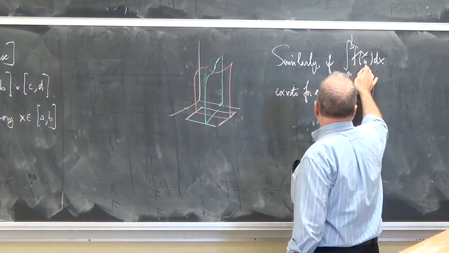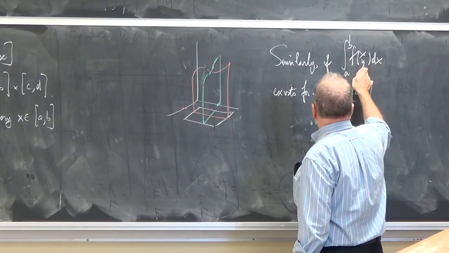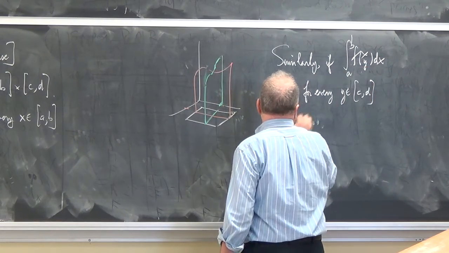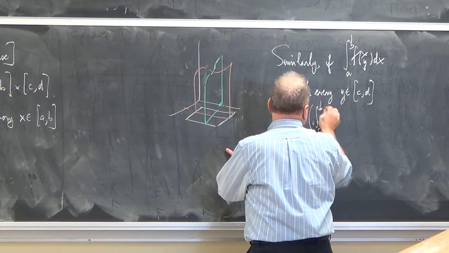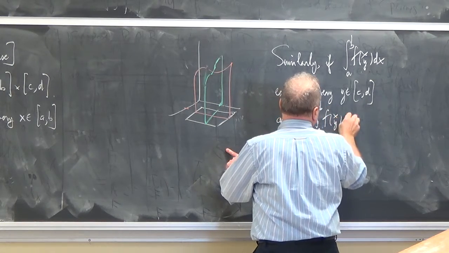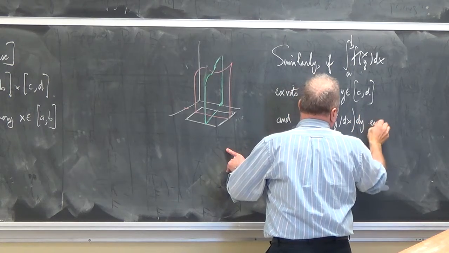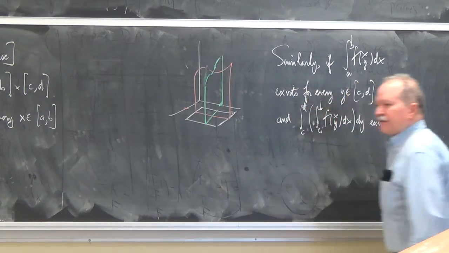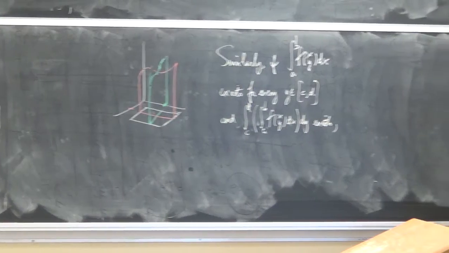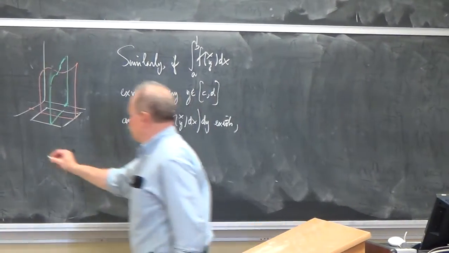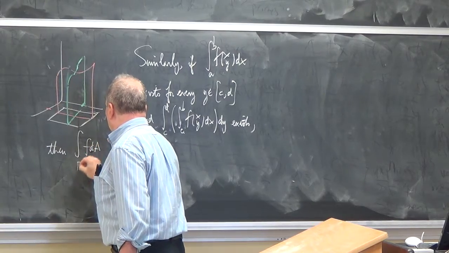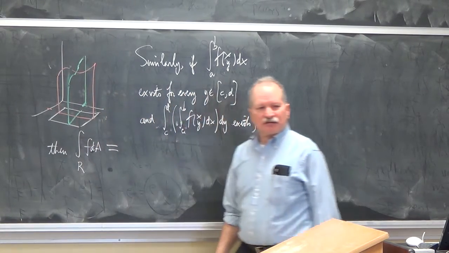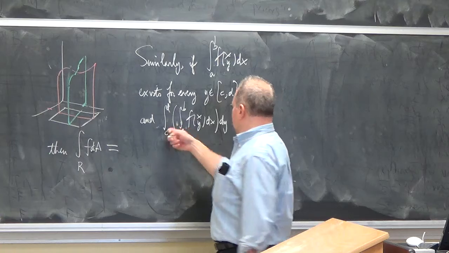So if this area exists for each y, and you can then integrate that function dy, then what do you think we should say? The integral of f likewise equals this.